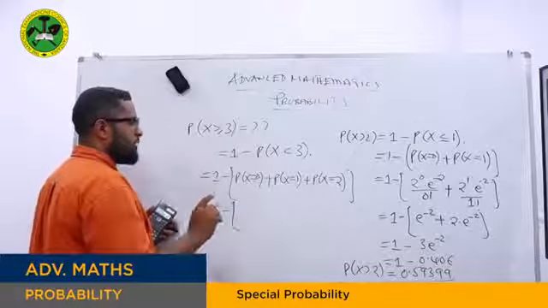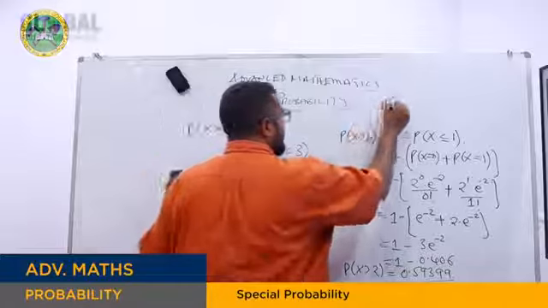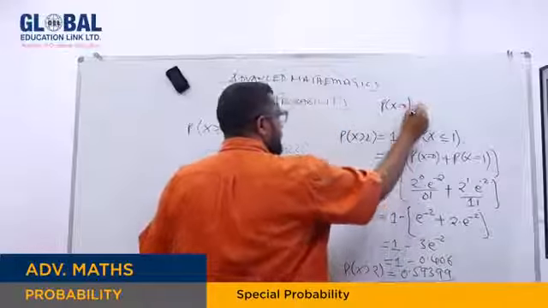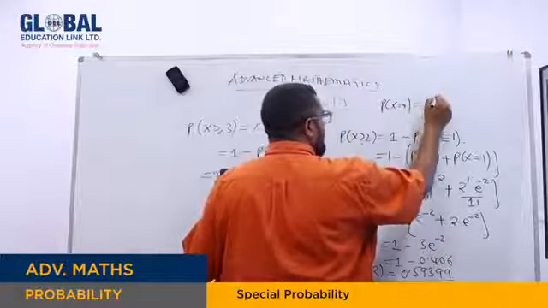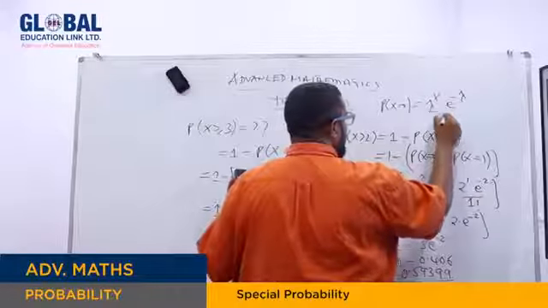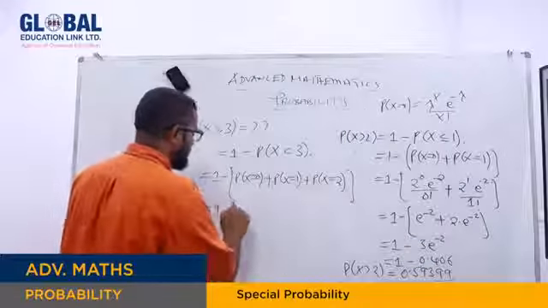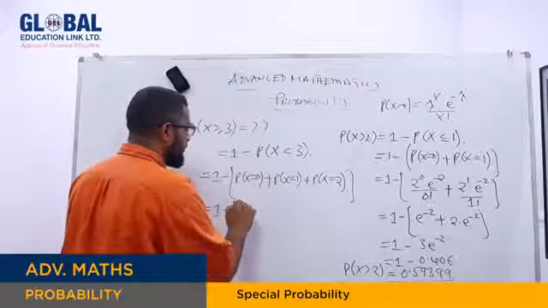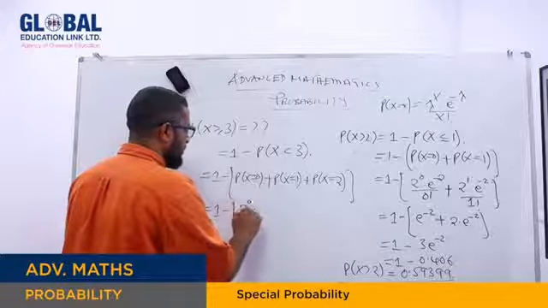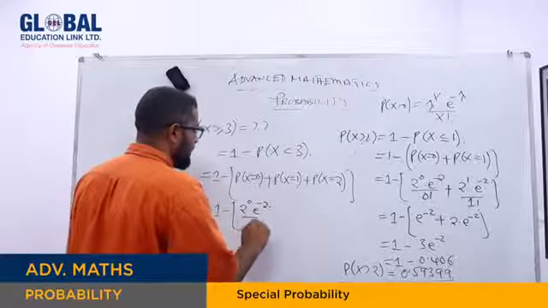Our formula is lambda to the power of x times e to the power of negative lambda divided by x factorial. Our lambda is 2. To the power of x, we start with power 0, then e to the power of negative 2 divided by 0 factorial.